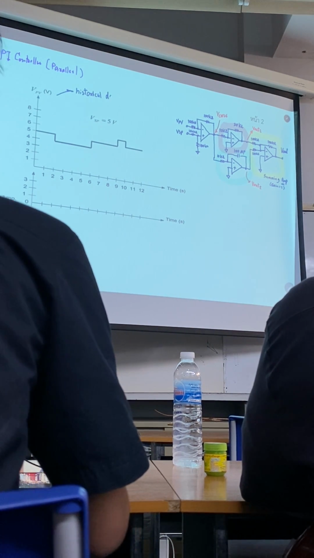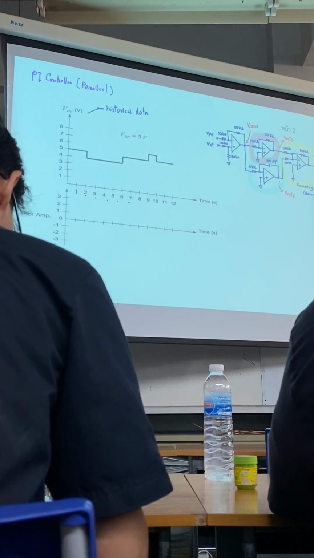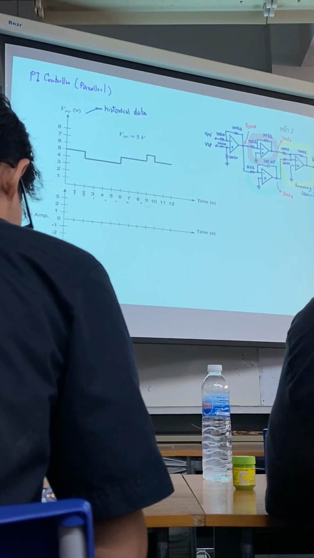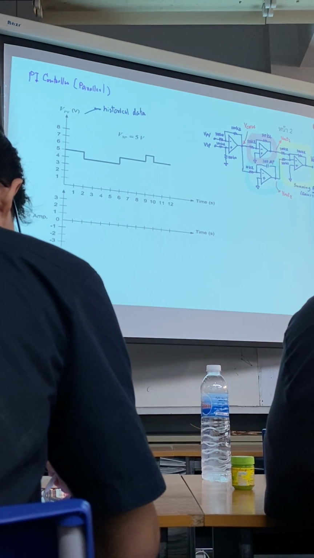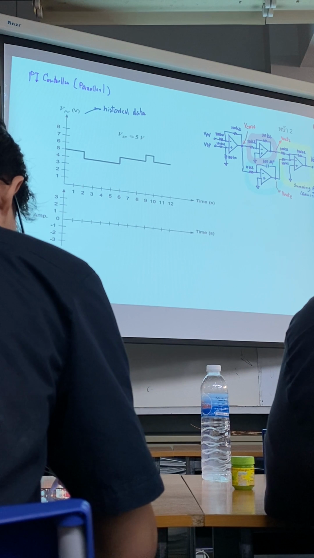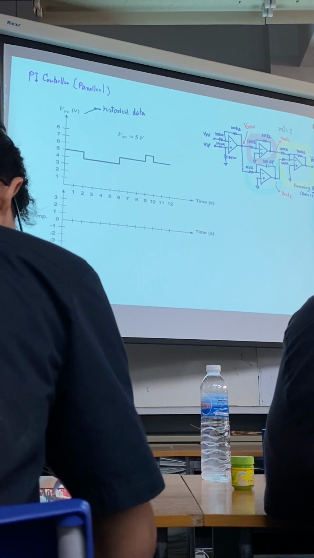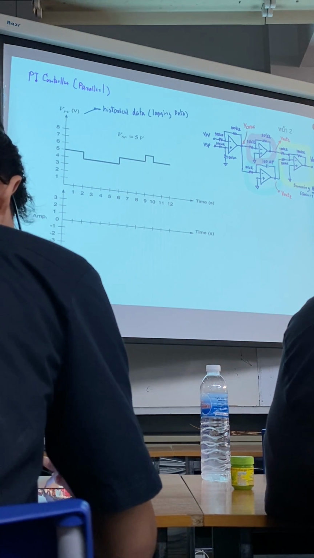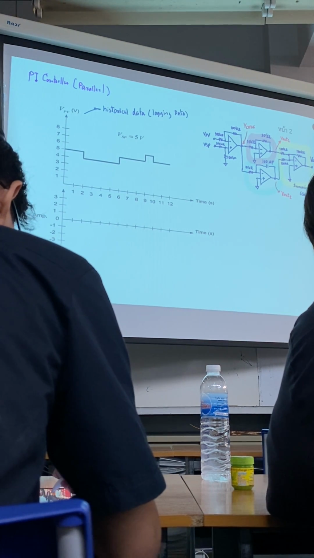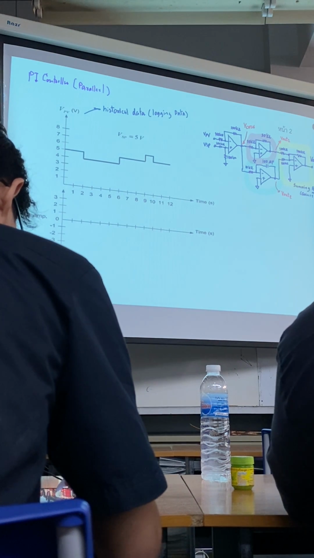Historical data means it keeps the data every second for analysis. In a SCADA system, you also have to keep everything as historical data. In the market, this is also called logging data, or a data logger. A data logger is the device that can keep historical data.